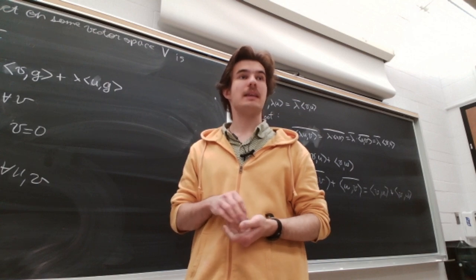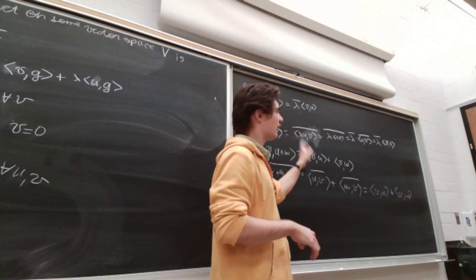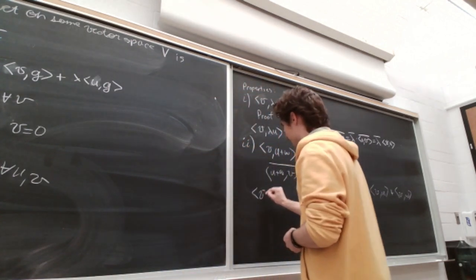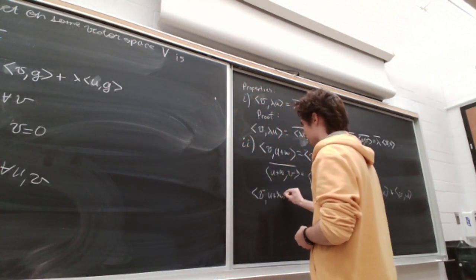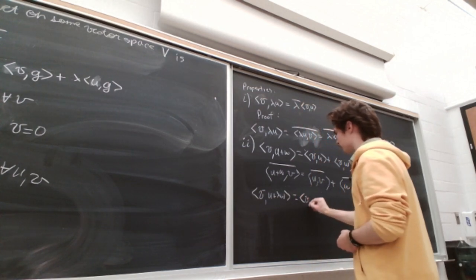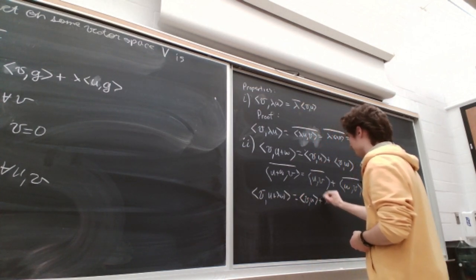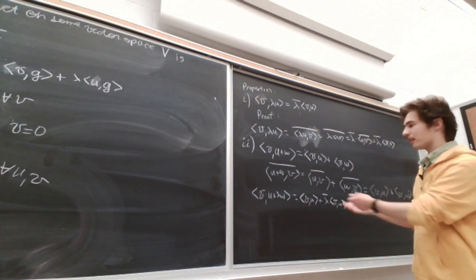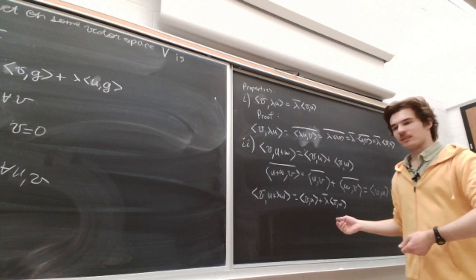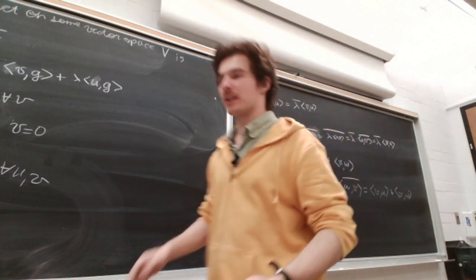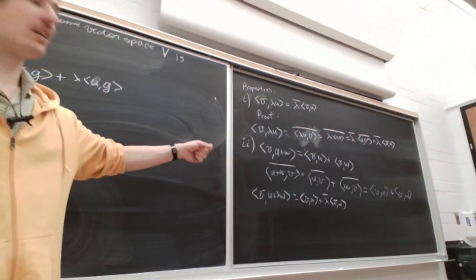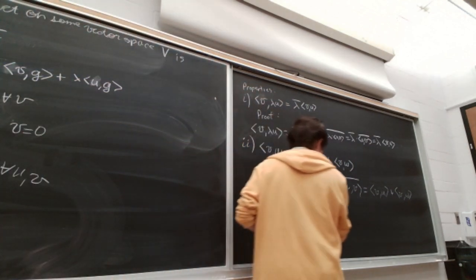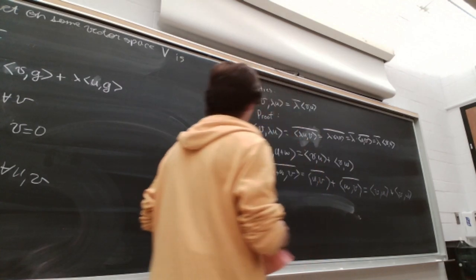So I could write something like <v, u plus lambda w> is equal to <v, u> plus lambda bar <v, w>. But I wrote it out twice to make it more obvious, and this way you have double the time to think about what I'm saying. That's all there is to that.